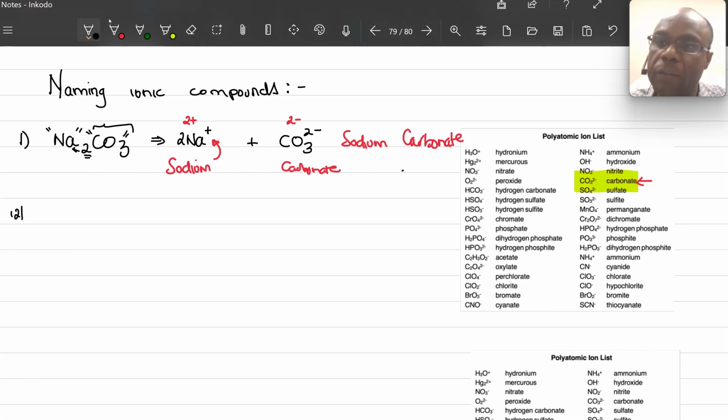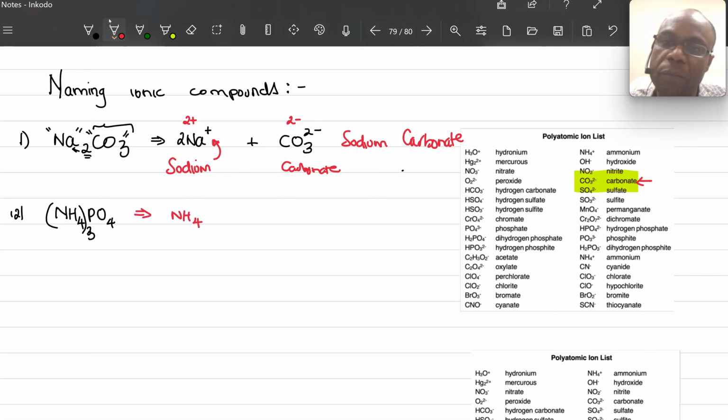Let's do another one. What if someone gives you a compound like NH4PO4, but this NH4 is going to have a 3. I know I can break this down again.